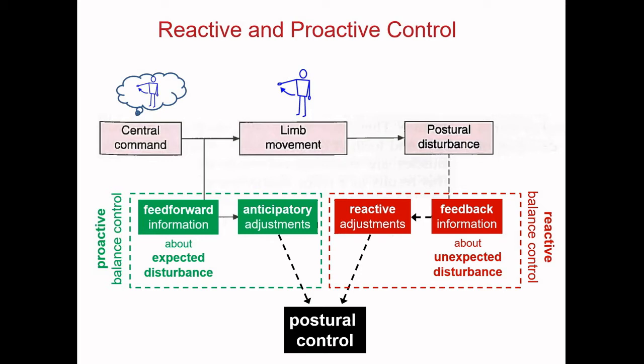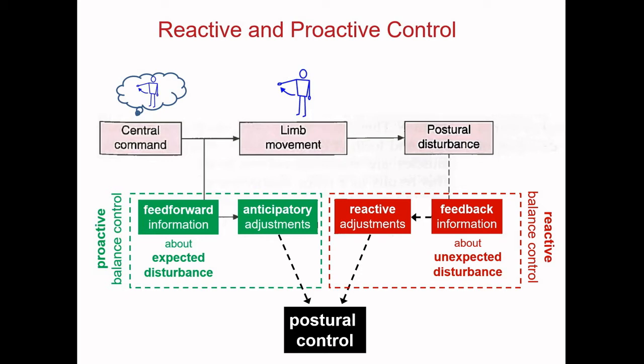Let's now look at reactive balance control, shown in red. Unlike proactive balance control, that is organized before a planned movement has even started, reactive balance control happens after the movement has been performed. Reactive balance control starts in the top right of the schematic, with the postural disturbance. Raising the arm will shift the center of mass of the body anteriorly.